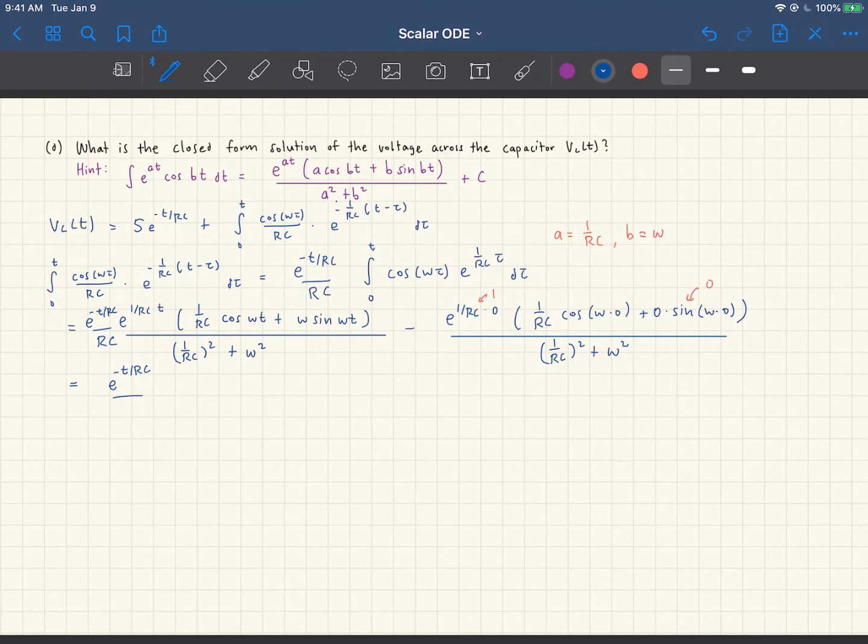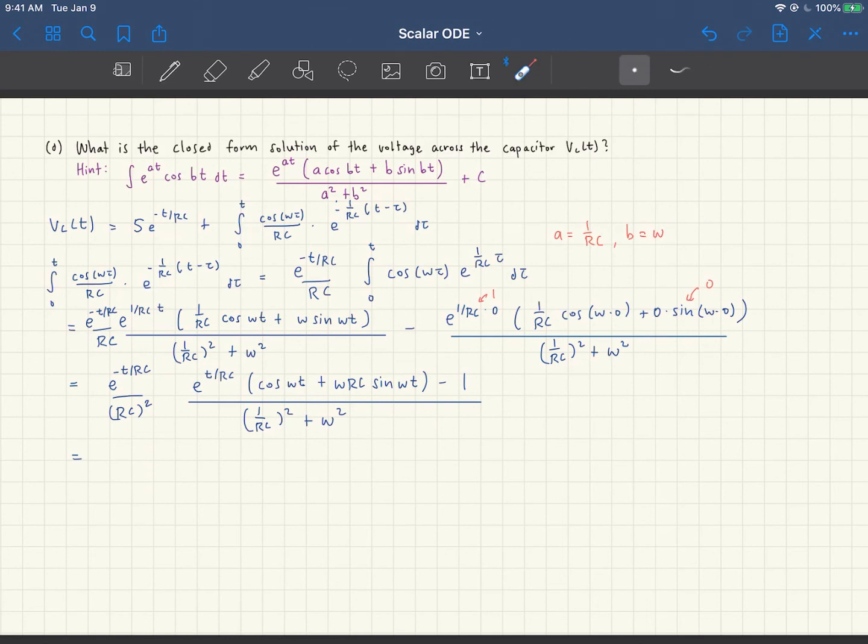Since we're going to pull out the 1 over RC here, we're going to have RC squared. And then the fraction is going to be e to the t over RC cosine of omega t plus omega RC sine of omega t minus 1, all over 1 over RC squared plus omega squared.